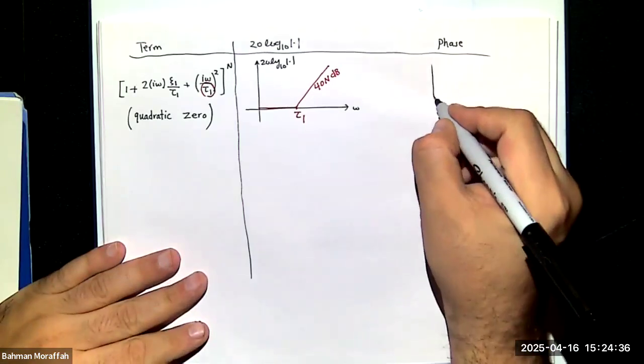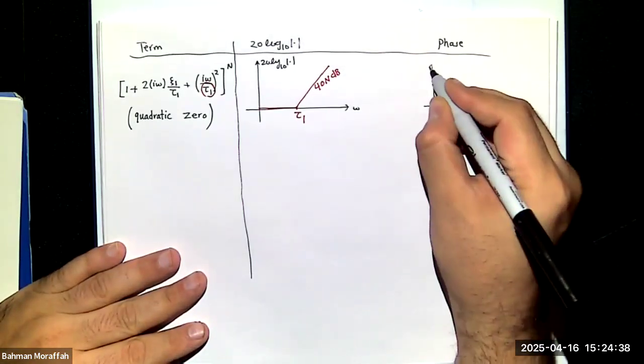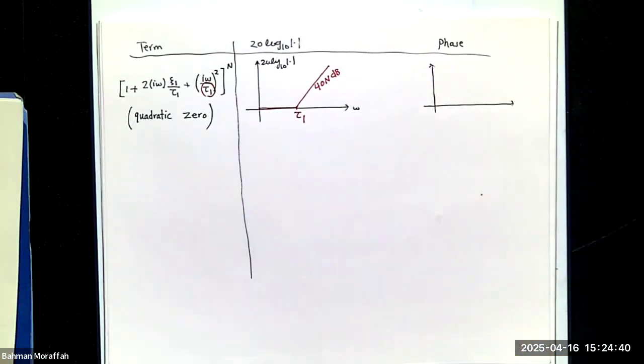If I look at the phase, with the exact same logic, this is 2 simple zeros multiplied by each other. They were complex, but they're still like zeros. So if I had phase 45 degrees going up over there, over here, since it's like 2 of them, I should add them up. So it's 90 degrees.